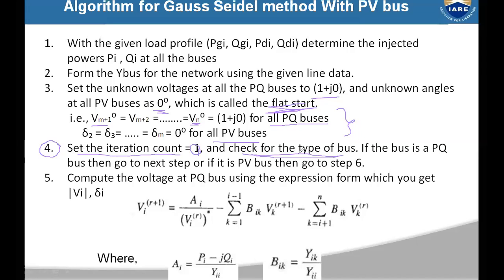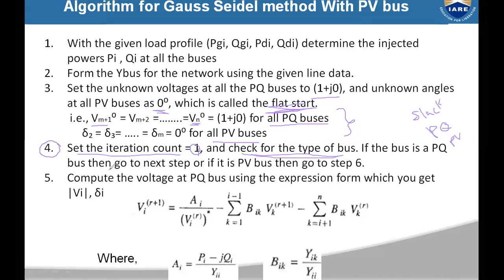In the previous class, you developed the algorithm for load flow solution using the Gauss Seidel method without considering the PV buses. In such a case, only the slack bus and PQ buses were there. We did not consider the PV buses in the previous class. Now you have to consider the PV buses also.